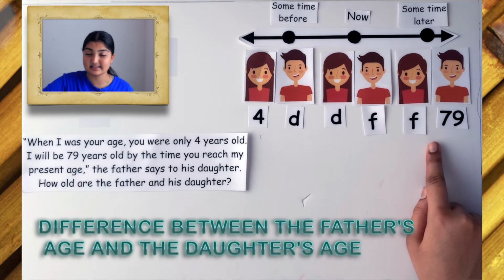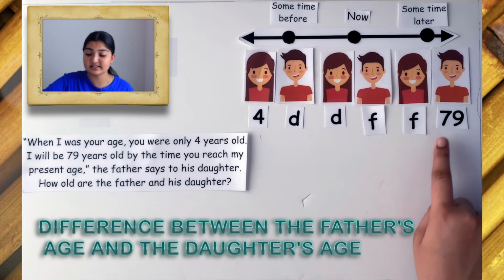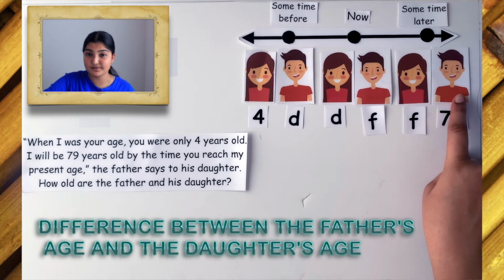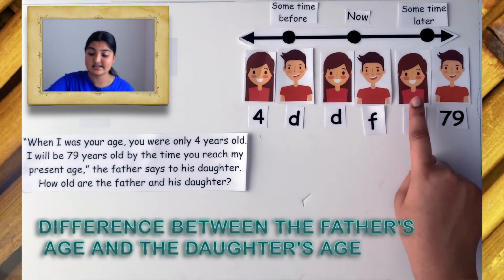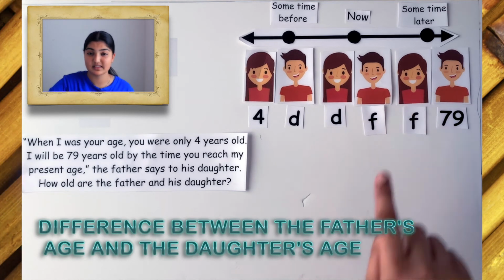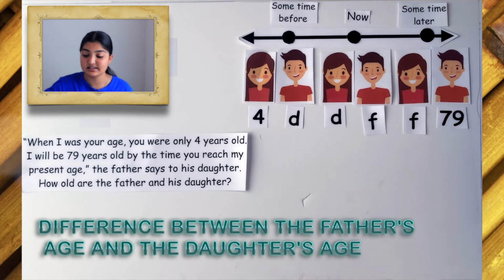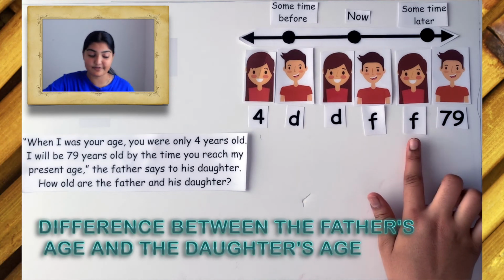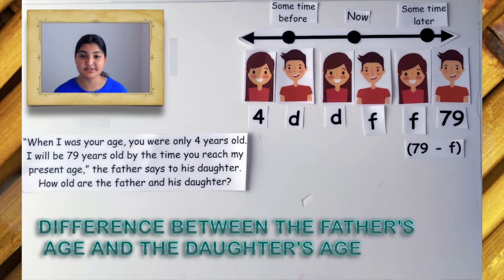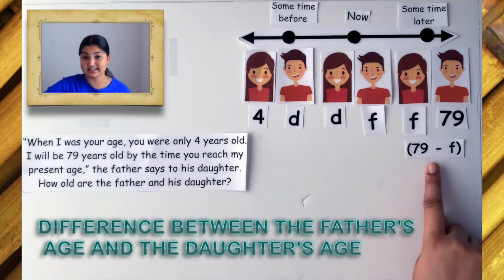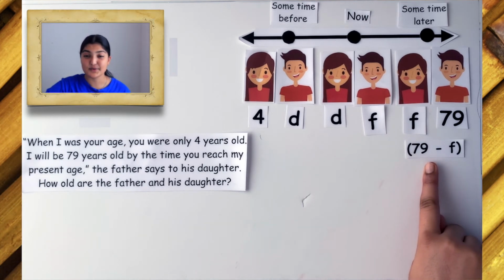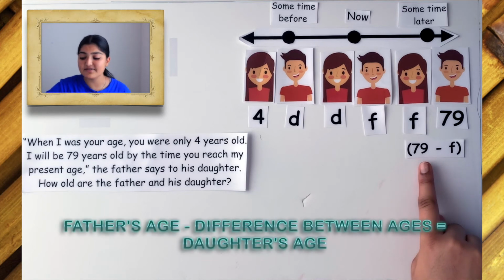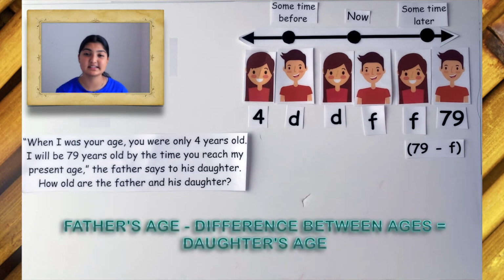And to do that, we can subtract the father's age minus the daughter's age, which would be 79 minus F. The difference would look like this. Well, now that we have the difference in their ages, we can subtract it from the father's age.